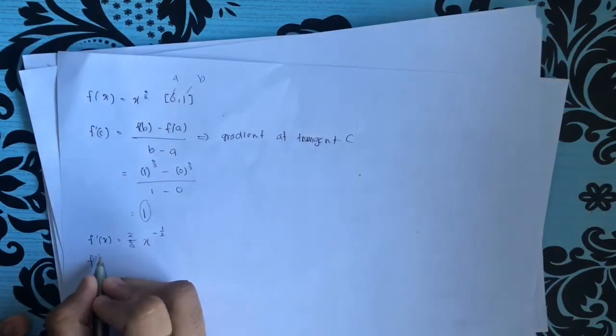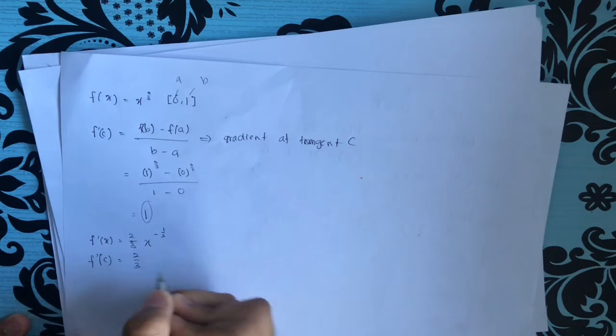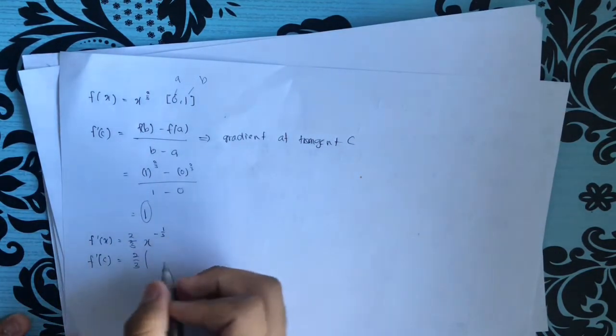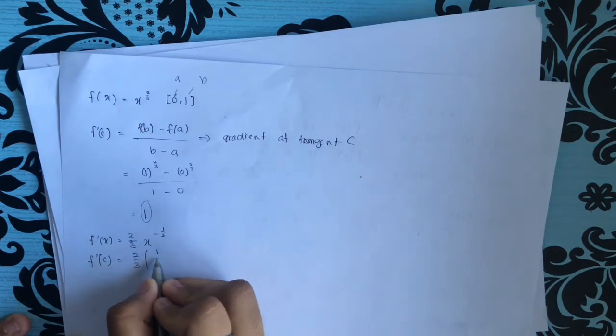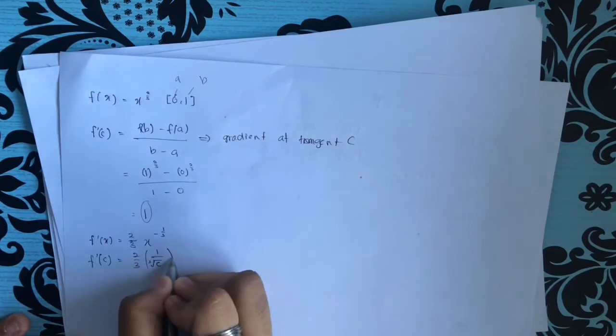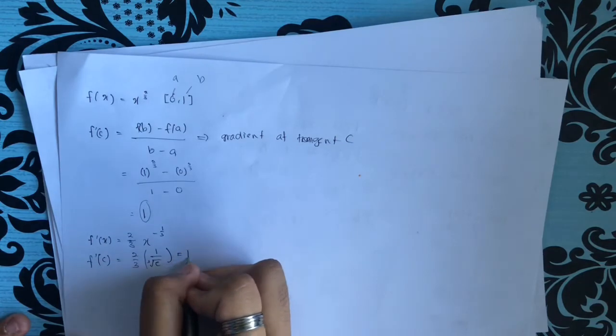So we change it to f prime c equals 2/3, changing x into c, which is c to the power of negative 1/3. Since f prime c equals 1, we equate this to 1.